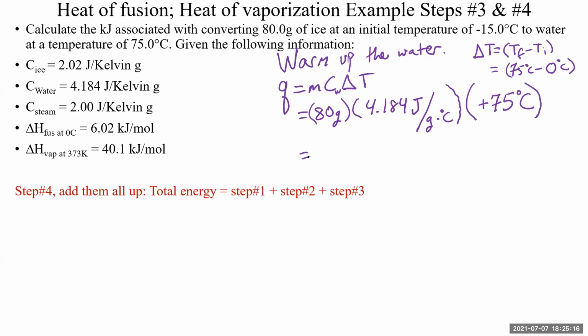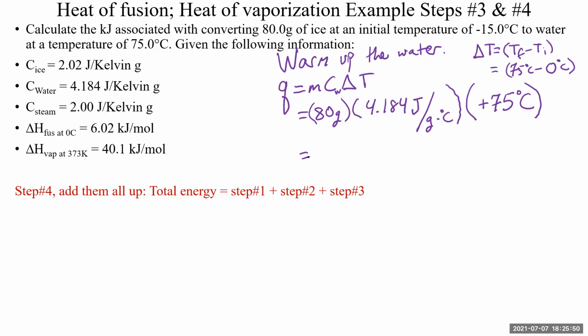So we multiply all of these out. We get 80 multiplied by 4.184 multiplied by 75. We get a fairly large number, actually. Oh, I may have been wrong about the whole span from 0 to boiling. Maybe I exaggerated a little bit about the heat of fusion, but heat of vaporization is definitely a large value.